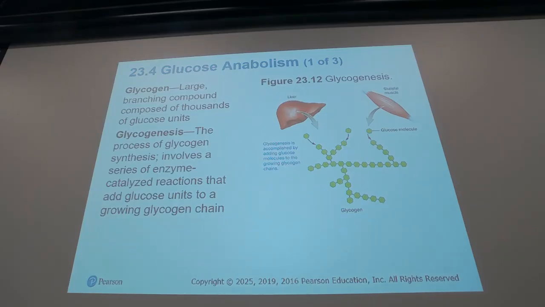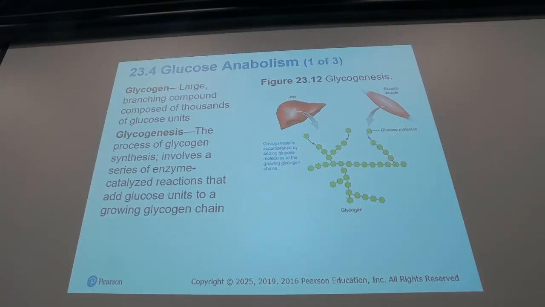However, after fast, when your glucose levels drop, the glycogen that we have in the liver is broken down by glycogenolysis so that we can give this into the bloodstream so that many tissues in our body, including the brain cells, the heart cells, etc., they can use this glucose to form energy.